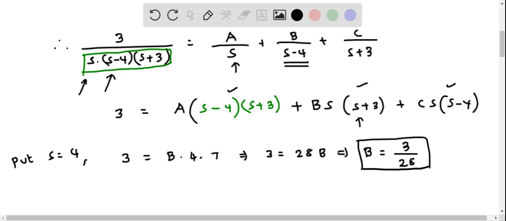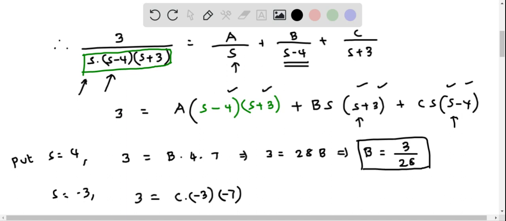Now we put s equals negative 3. And when we do that, this term will become 0. Also, this term will become 0. And so on the left side, we have 3 equals... Here we put s equal to negative 3. So it becomes C times negative 3 times, if we put negative 3 here, we get negative 3 minus 4, which is negative 7.